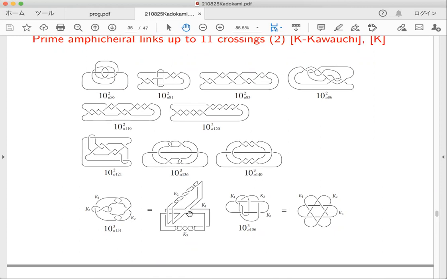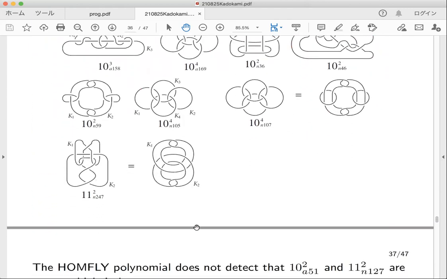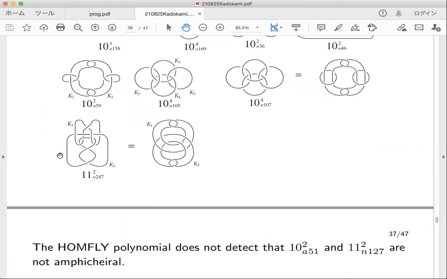This is a kind of Murasugi sum structure. After taking the mirror image, we interchange this part and this part. Yes, their table. This is the 11 crossing case.